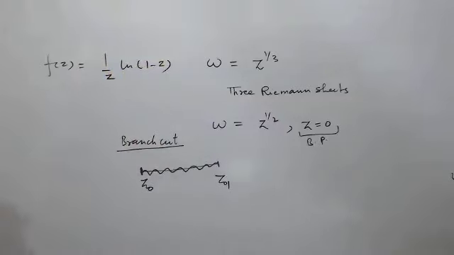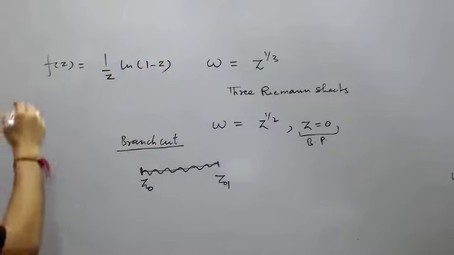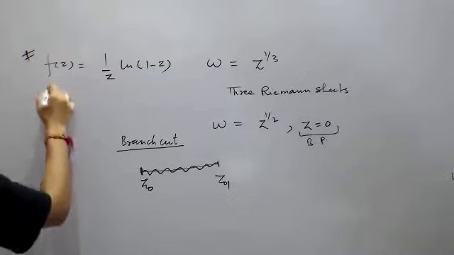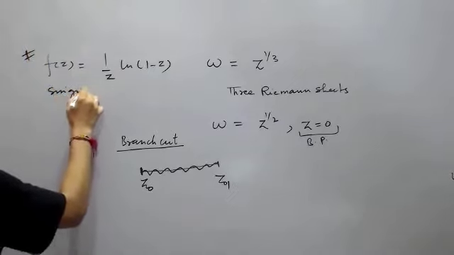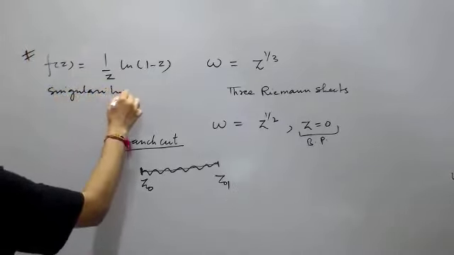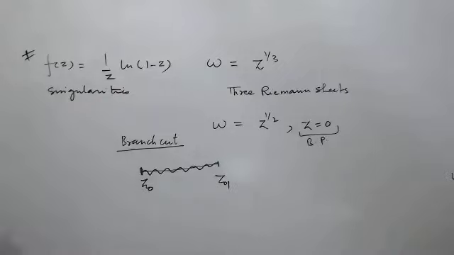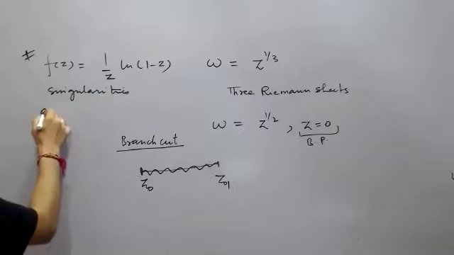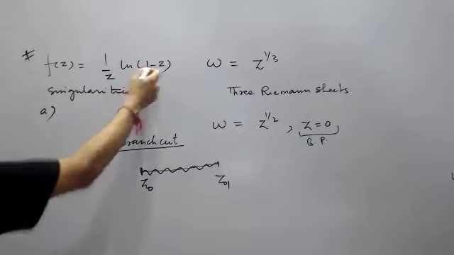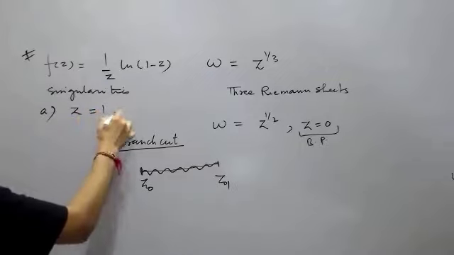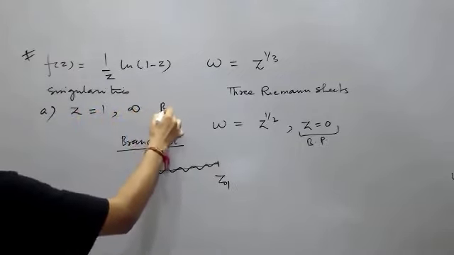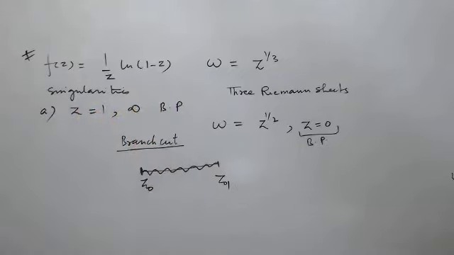Suppose this is the problem and we have to tell all types of singularities. You can see from here that z is equal to 1 and infinity are branch points. This is the first type of singularity.